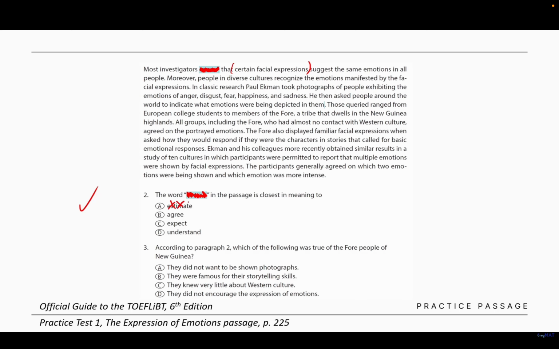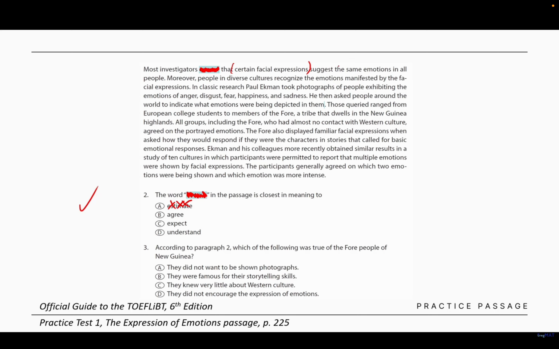Okay, make sense? Now, in this case, expect, understand, and even agree kind of makes sense. You know, most investigators understand, most investigators expect, most investigators agree, etc. So this is actually pretty difficult.